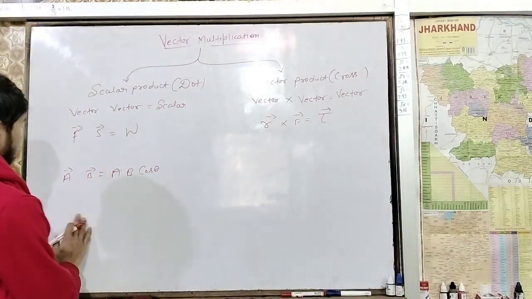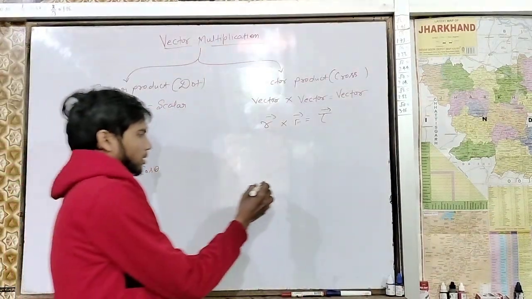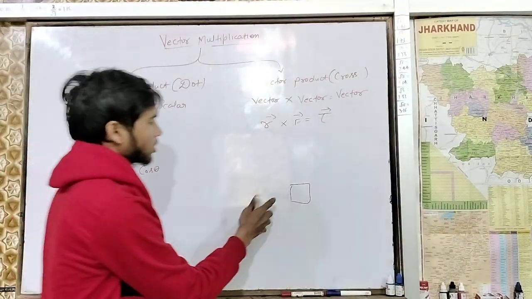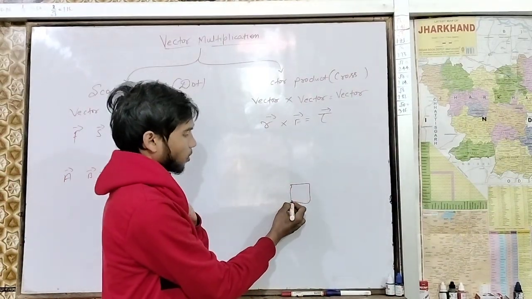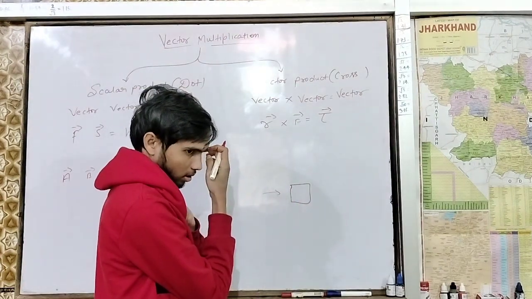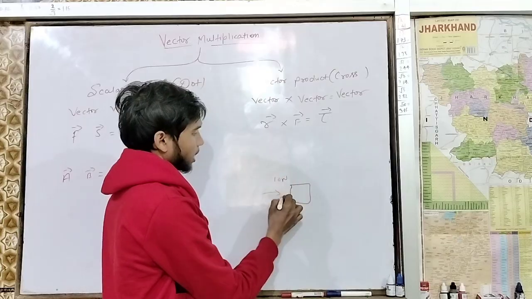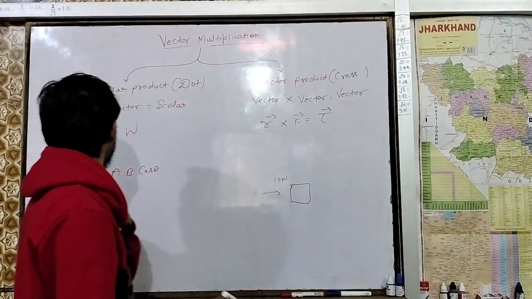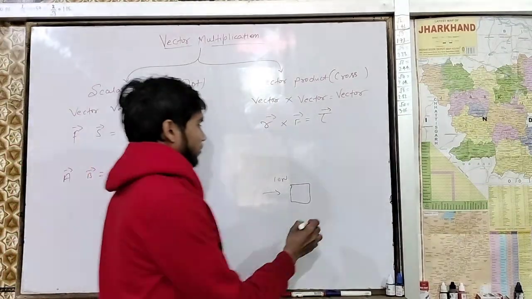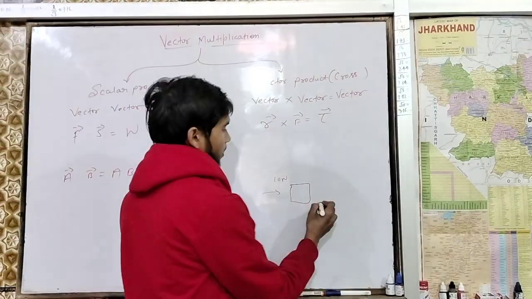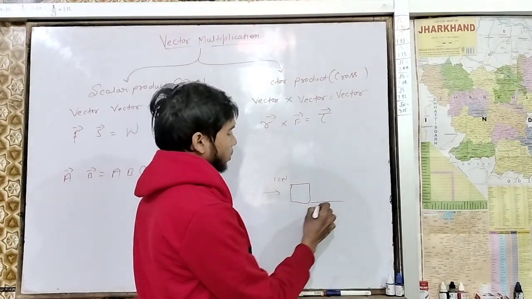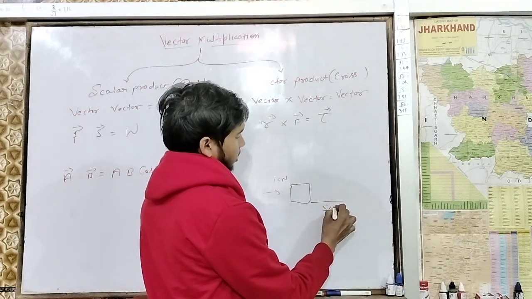Just substitute values. Let's say there is a box, and we are visualizing this example. On this box, force is applied horizontally, say 10 Newton, and the displacement it covered is, say, 5 centimeter.